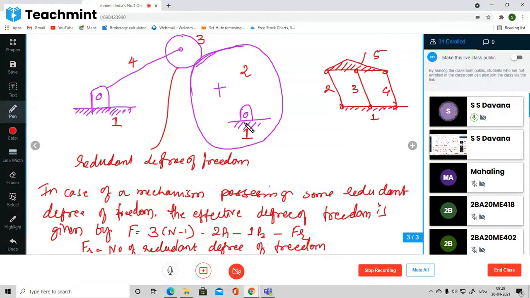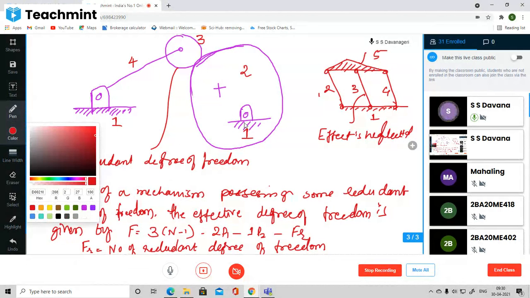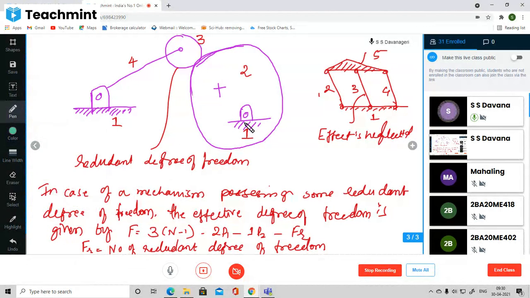Suppose you remove link 2, then links 3, 4, 1, 5 give the perfect mechanism. So if the effect is neglected, or it does not give any effect to the mechanism, in such cases you need to treat it as a redundant link. Clear?